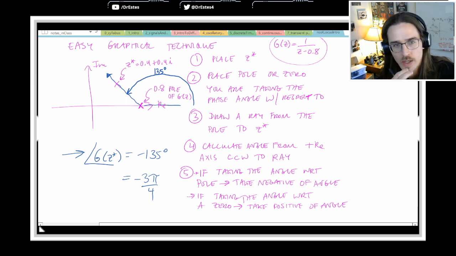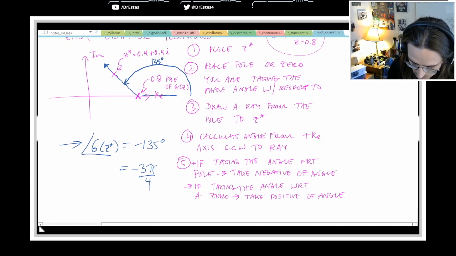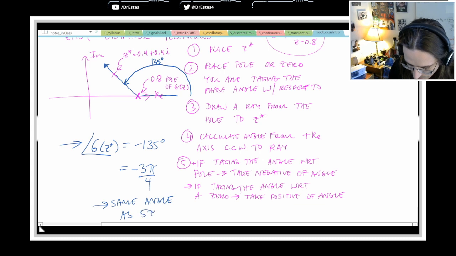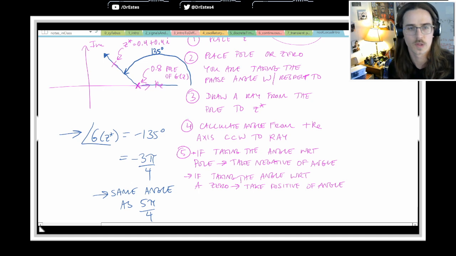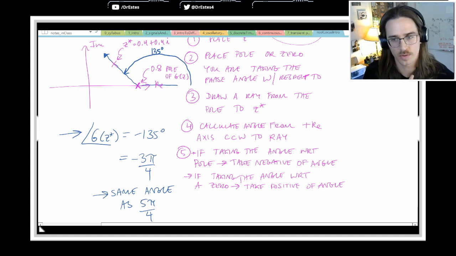But this is the same angle as 5 pi over 4. So this gives us the angle that we've gotten with the other two methods.